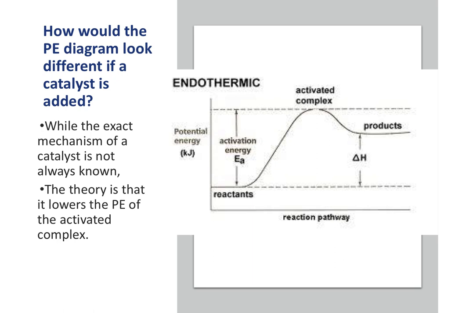So if we're looking at a potential energy diagram, and maybe let's say we're looking at a catalyst. So if we remember what a catalyst does, it doesn't react in a chemical equation. It doesn't participate. But what it does is it lowers the potential energy of an activated complex.